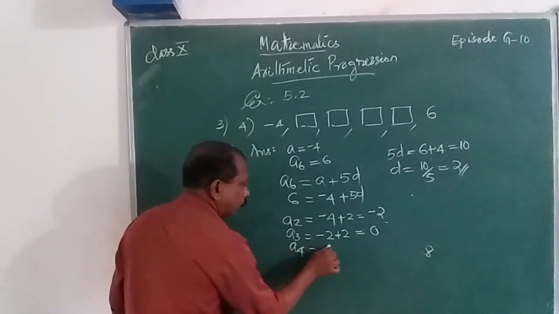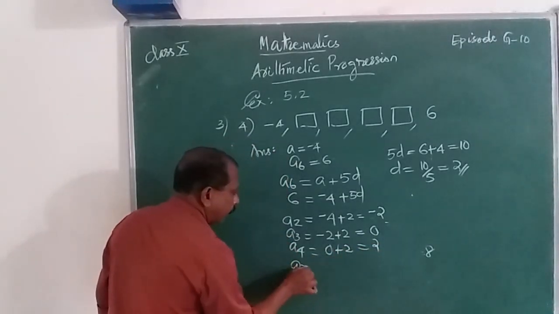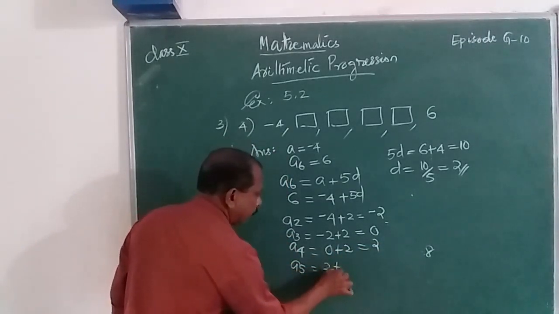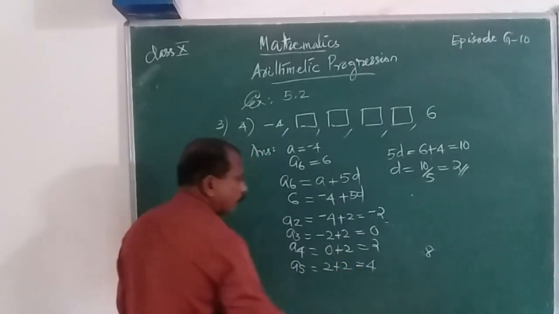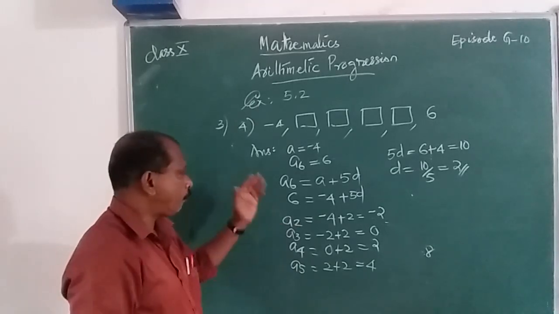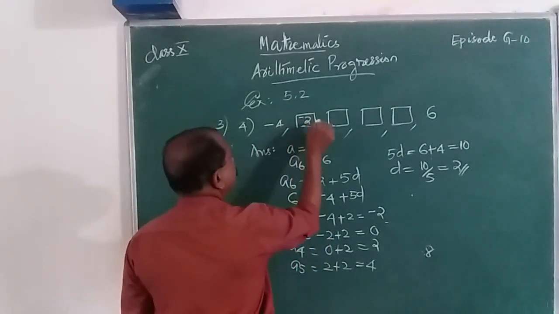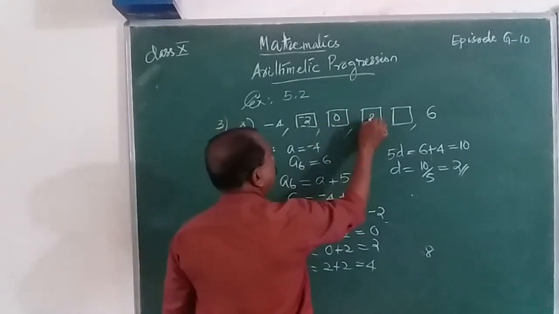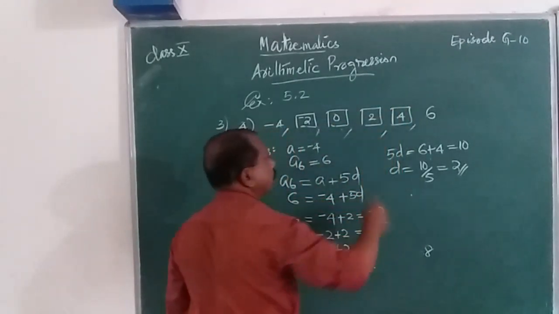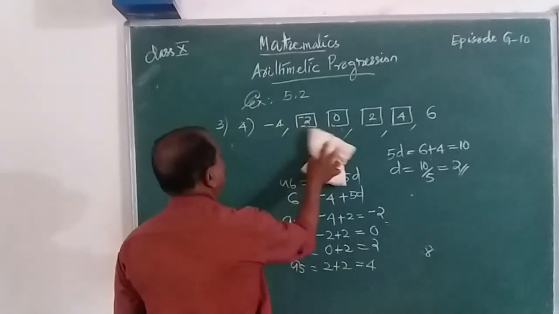A4 is equal to 0 plus 2 is equal to 2. A5 is equal to 2 plus 2 is equal to 4. Then what is A6? 4 plus 2. Therefore, the missing terms are minus 2, 0, 2 and 4. These are the missing terms of that progression.